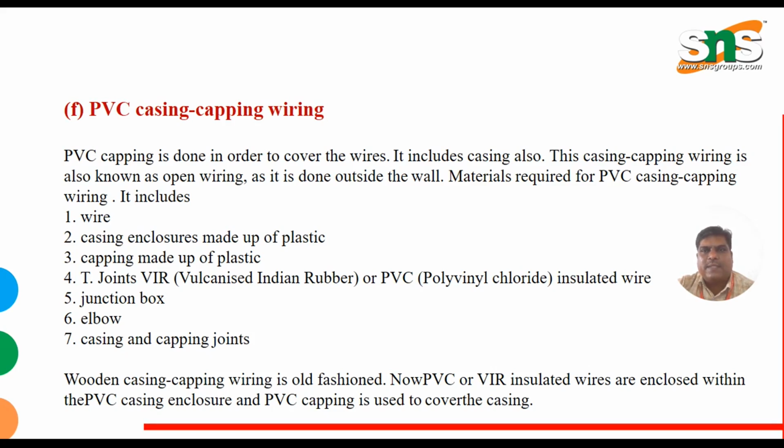Materials required for PVC casing capping wiring are wire, casing enclosures made of plastic, capping made of plastic, T-joints, vulcanized Indian rubber or polyvinyl chloride insulated wire, junction box, elbow, casing and capping joints. Wooden casing capping wiring is old fashioned. Now PVC or VIR insulated wires are enclosed within the PVC casing enclosure and PVC capping is used to cover the casing.